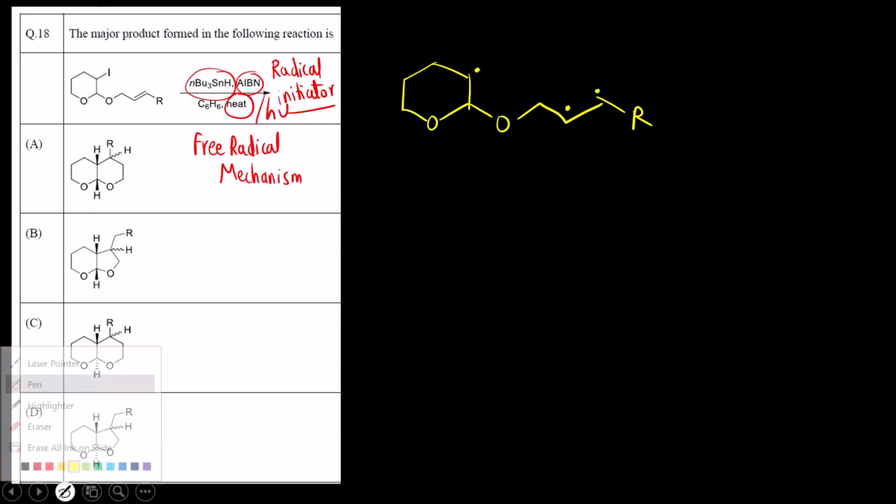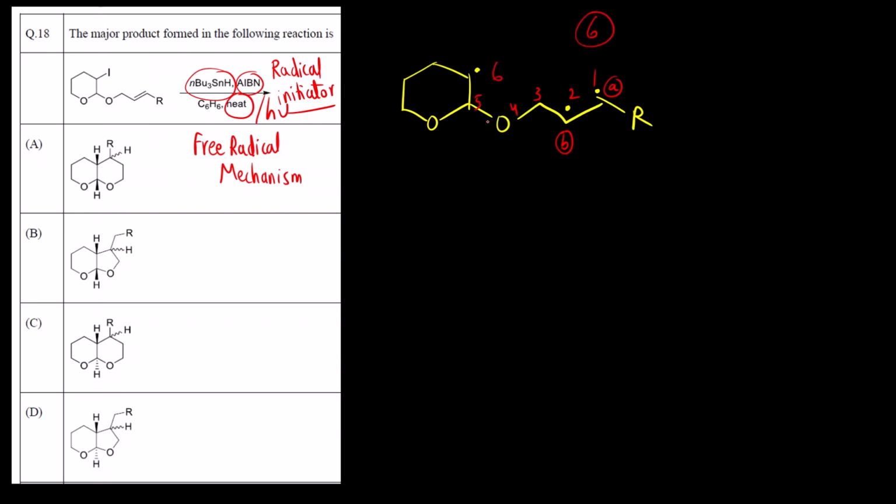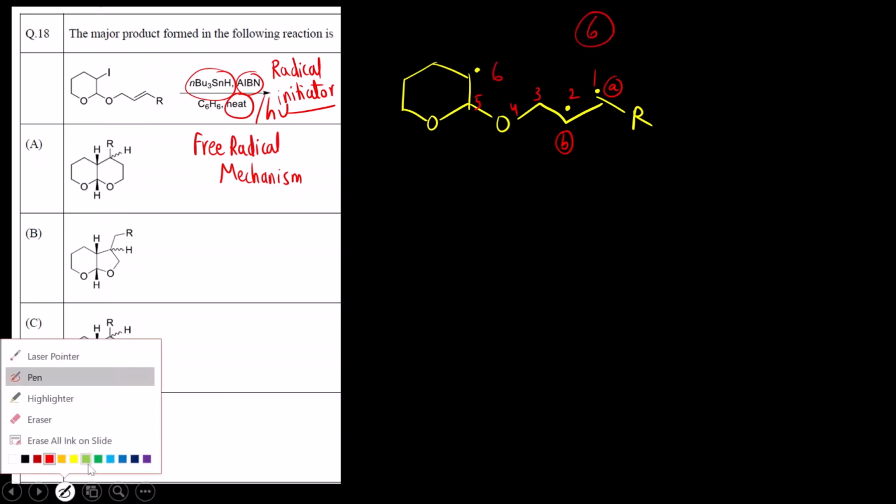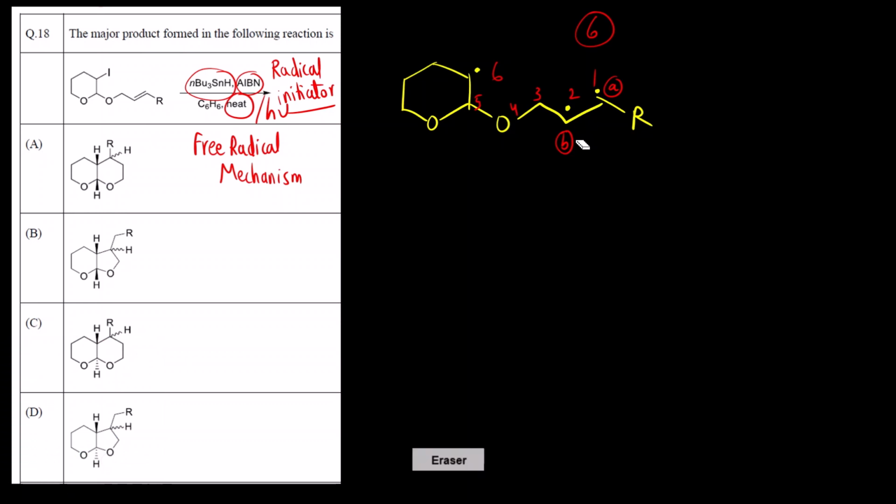Suppose I consider this radical as pathway A and this as B. If I use radical A, 1, 2, 3, 4, 5 and 6, I will get a 6-membered ring. And if I use the other radical, B, then I will get 1, 2, 3, 4 and 5, a 5-membered ring.